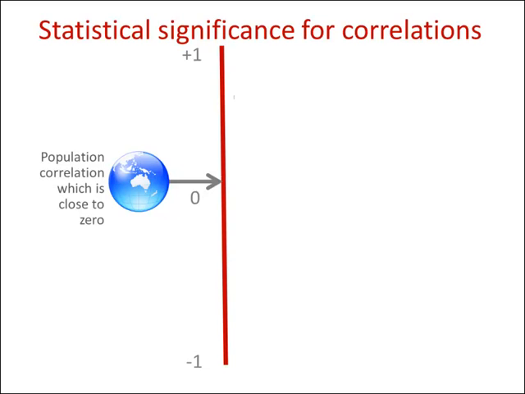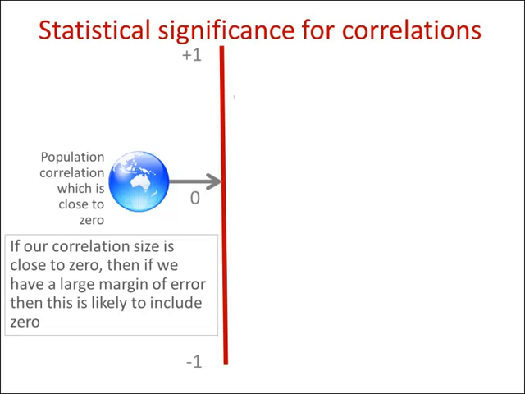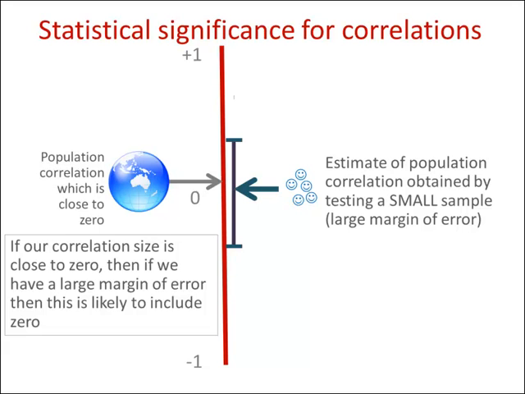Now let's look at a situation where we've got a population correlation which is very, very close to zero. So that would be 0.1 or even less. It means that if we only use a small number of people, with a resulting large margin of error, that larger margin of error will include zero, and therefore makes it impossible to reject the null hypothesis that the population correlation actually is zero.